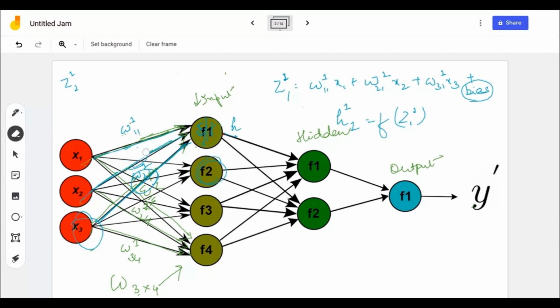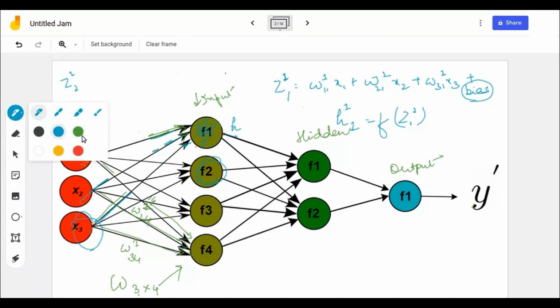Second one, Z superscript 1, second node. Let me just clear this first. So we have X1 going in. What will be the weight? W12 superscript 1. X2 going in, W22 superscript 1, and X3 going in, W32 superscript 1.